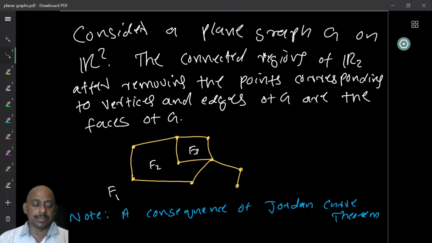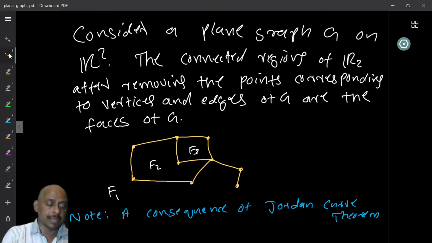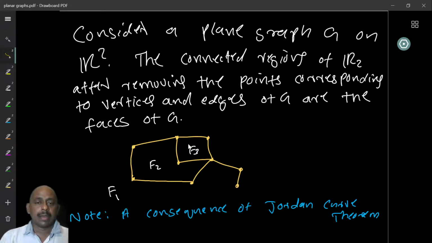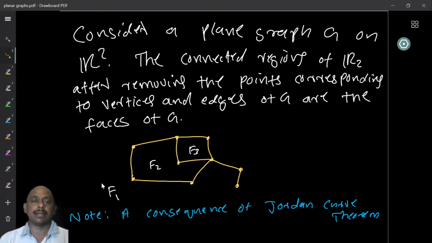Intuitively, it is clear that if you look at a picture of the graph, you look at these connected regions which you can find inside. They are all faces. For example, this is a face. This is another face. And then the outside part is also a face because it's also a connected region, which I call F1 here.